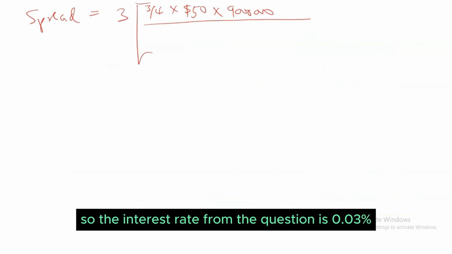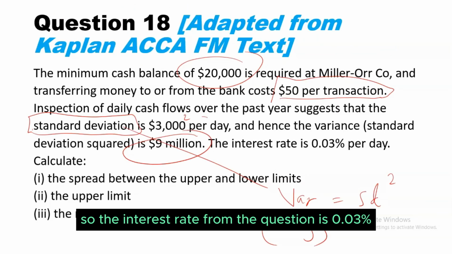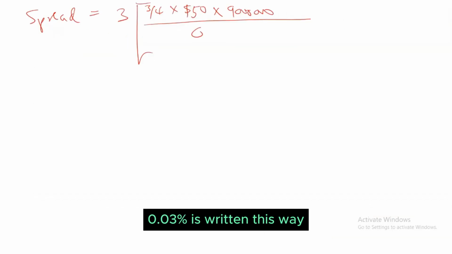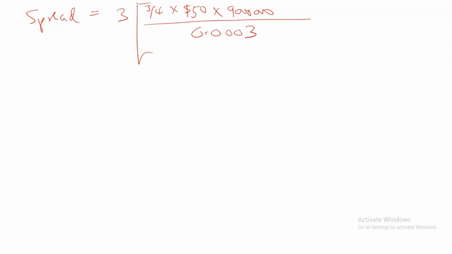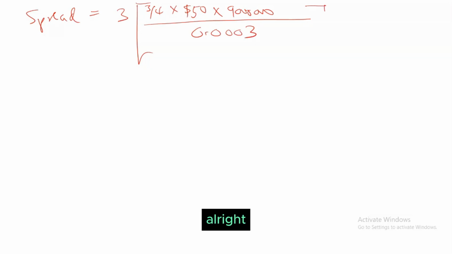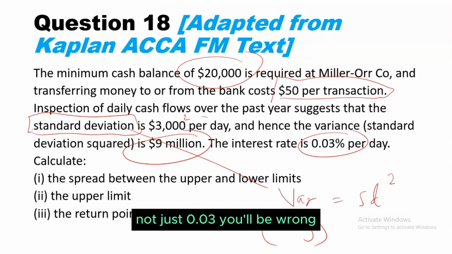The interest rate from the question is 0.03%. 0.03% is written this way if you want to put it into decimal, not just 0.03, you'll be wrong.